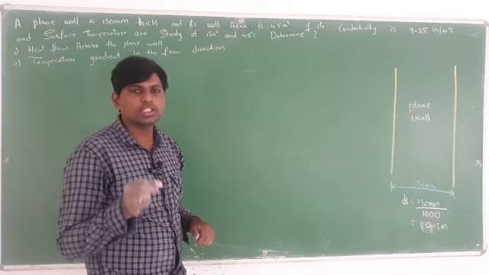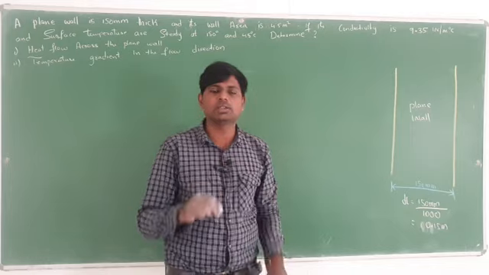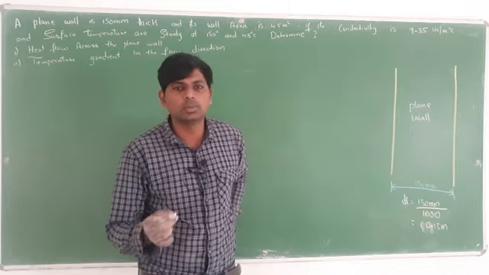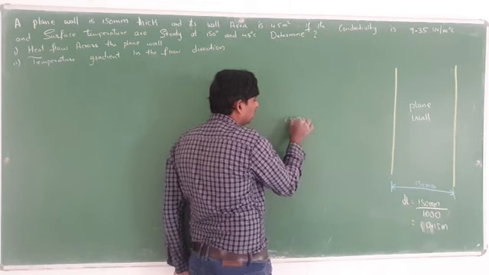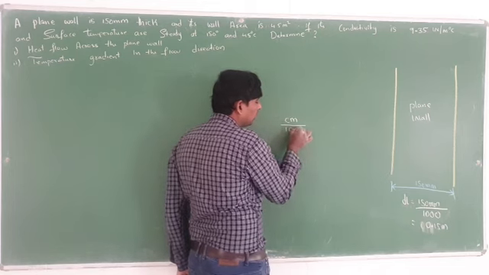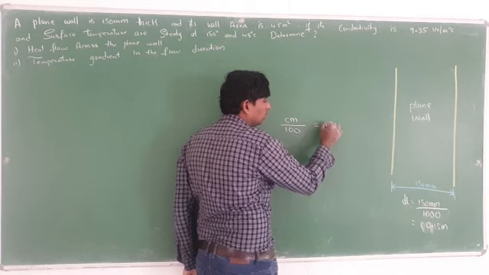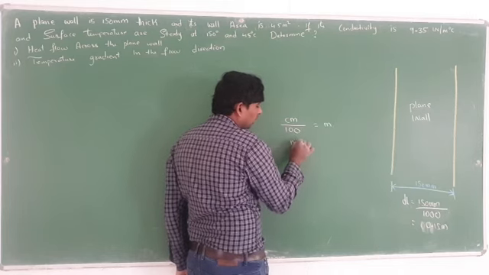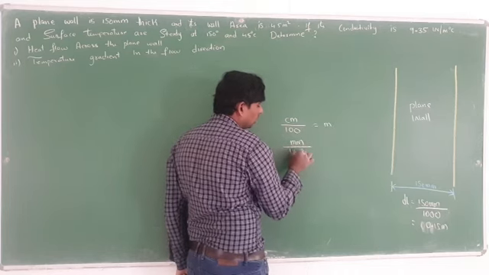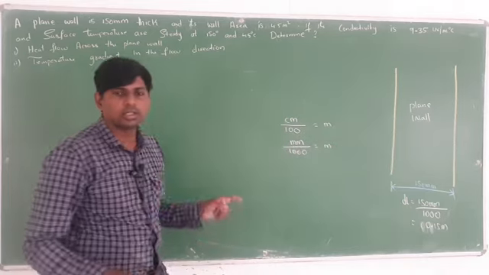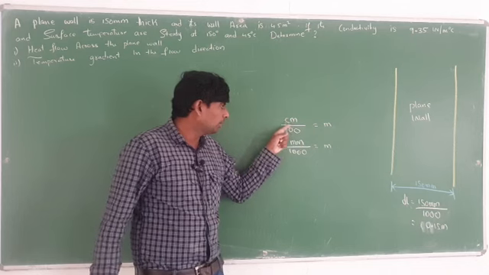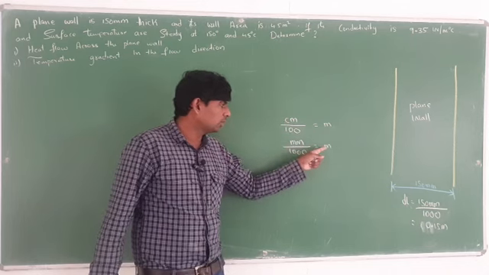So whenever thickness or length is given, first try to convert into meter. If something is given in mm, divide by 1000 and the answer will be in meter.